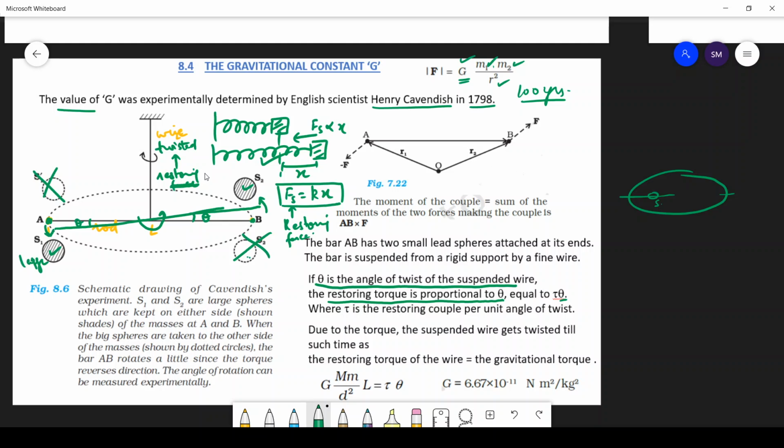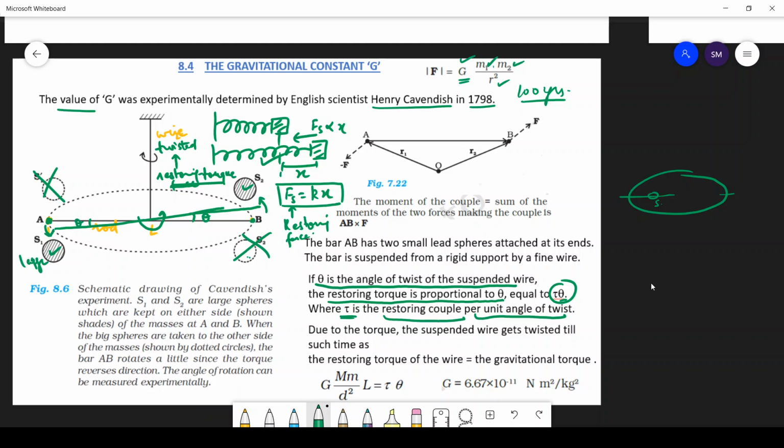So the restoring torque is given by tau into theta. And what is this tau? This tau is the restoring couple per unit angle of twist. That is why it is multiplied with theta, so that you get the total restoring torque.